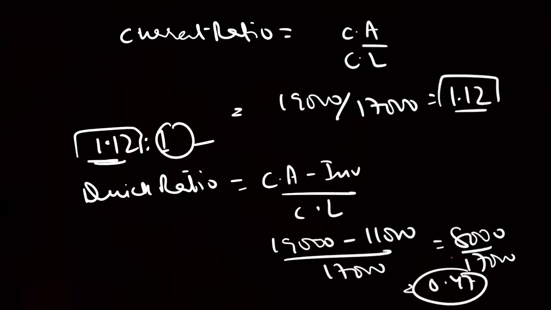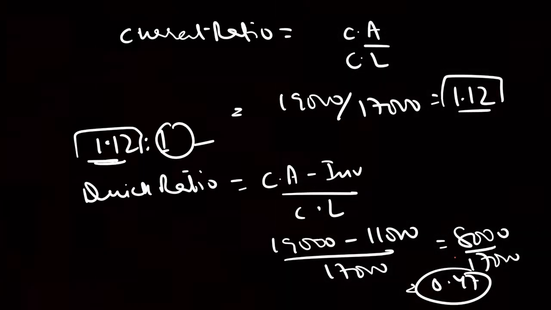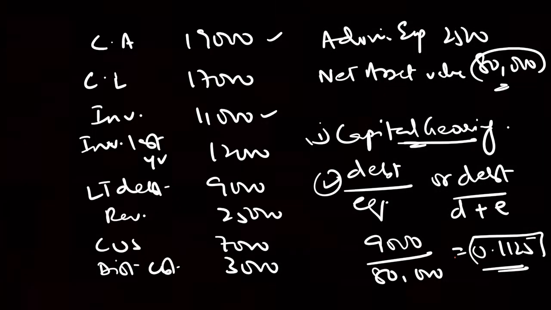Okay. Then if we are asked to calculate stock turnover using average levels of stock. So stocks are given. This is the closing, this is the opening. So average.